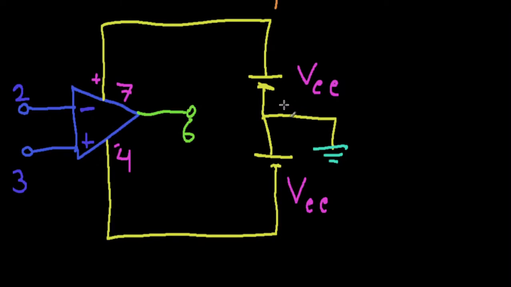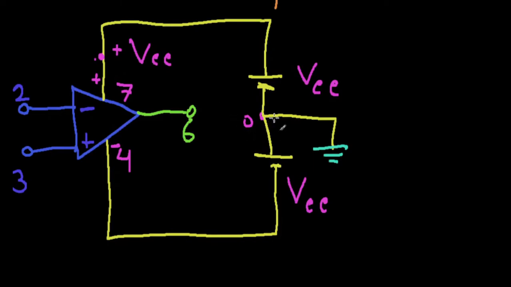I think you can see why pin 7 is the positive supply and pin 4 is the negative supply. Because this is the ground, you have your zero potential here. This node, which is this whole thing all the way up to pin 7, is going to have a potential of plus VCC, because your cell just gave it some positive potential.